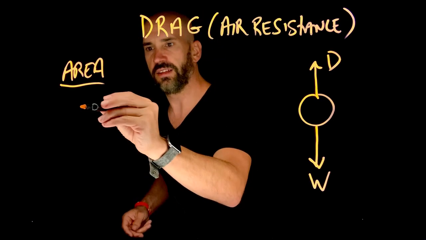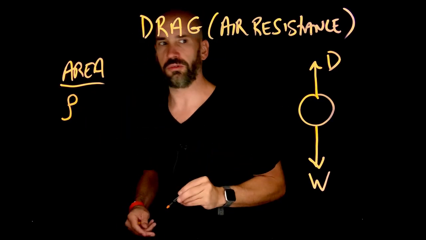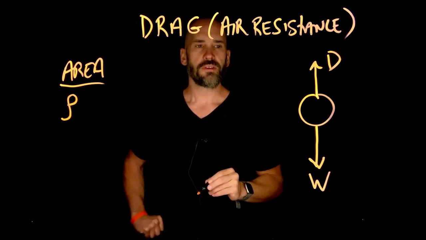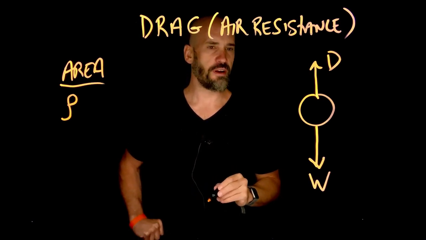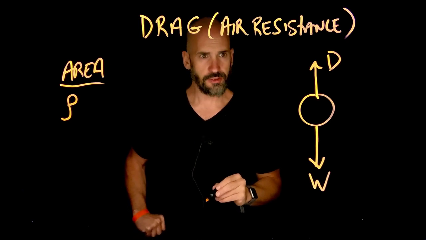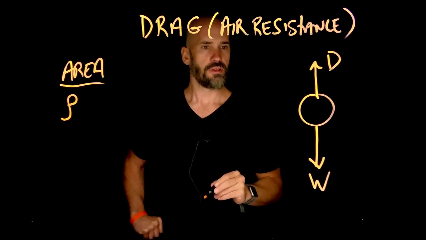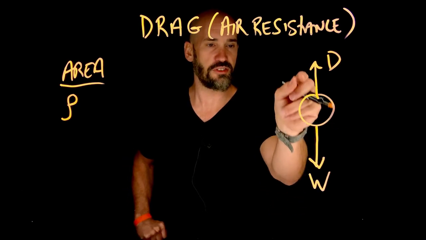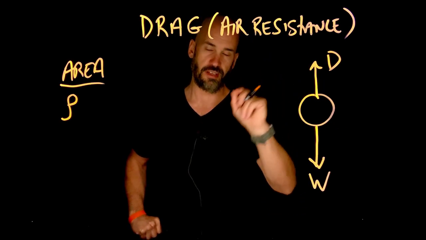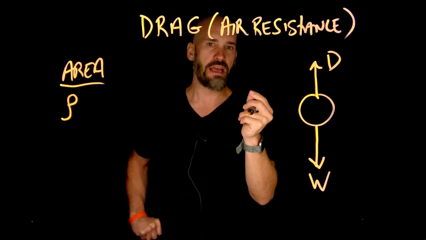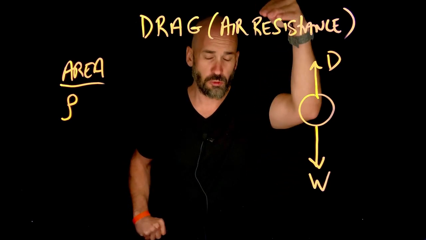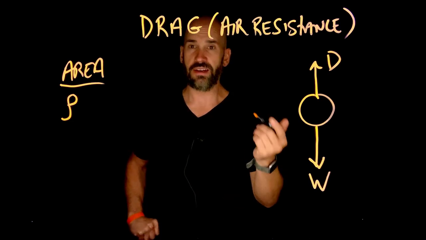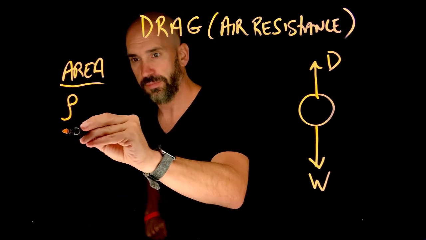So the density of the material that you're moving through is also important. What if you're going very slow versus very fast? For example, let's suppose that this thing is just beginning to accelerate. That will probably have less of a resistive force than if it's going really, really fast. So that implies that velocity also matters.